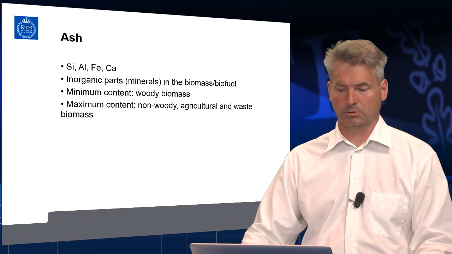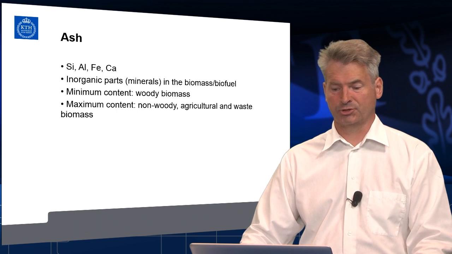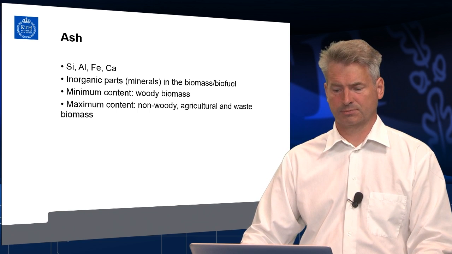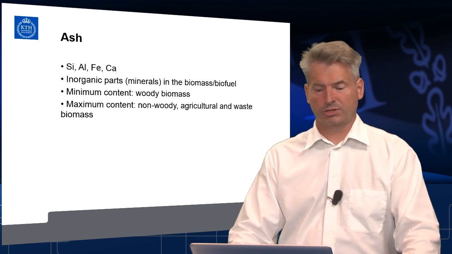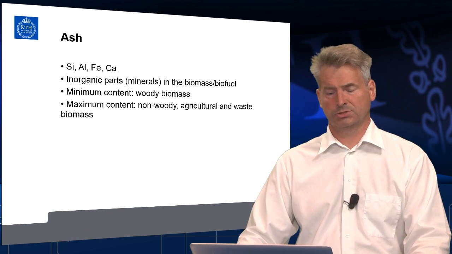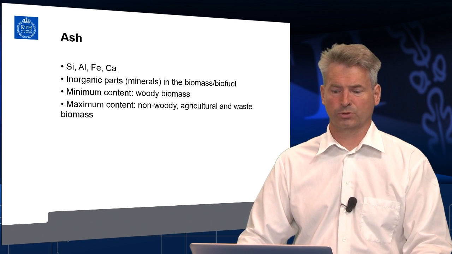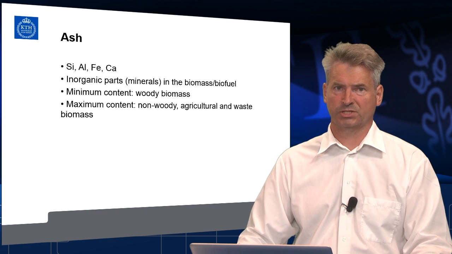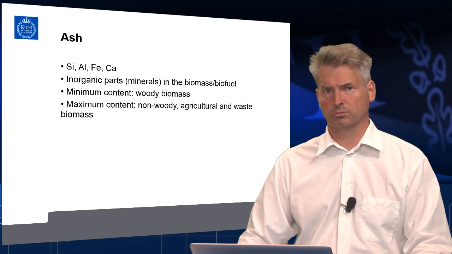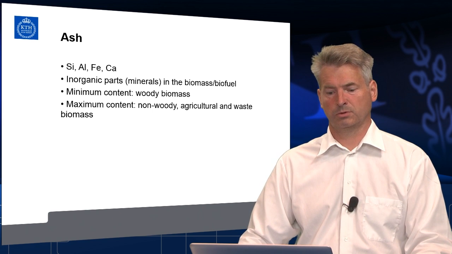And larger content of ash is found in the non-woody agriculture and waste biomass. Concerning agriculture crops, the content of ash is related to fertilizers being used for cultivating the agriculture waste, which leads to higher content of inorganic compounds.